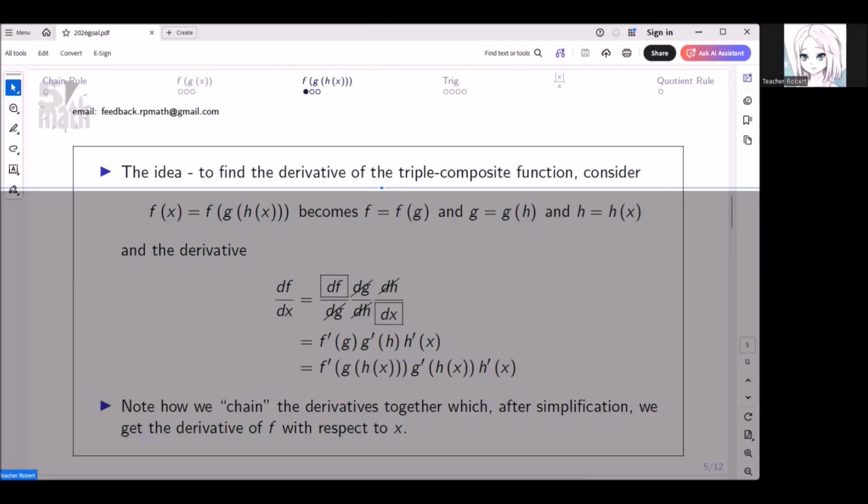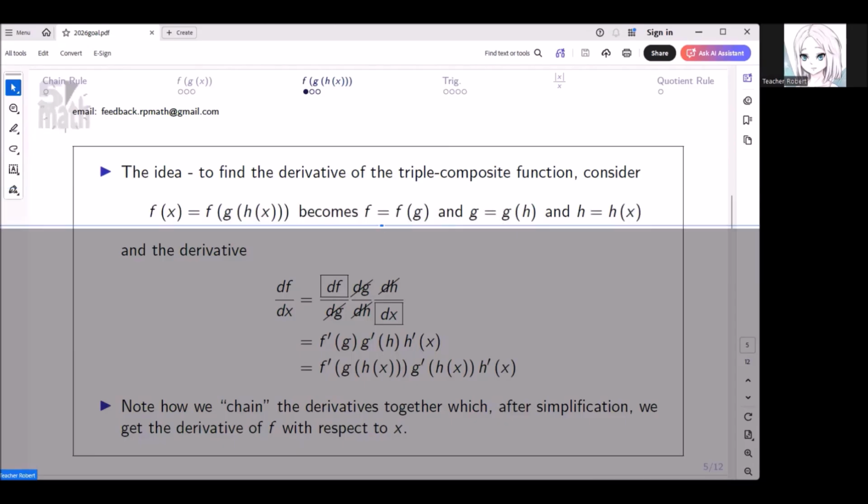The idea: to find the derivative of the triple composite function, consider f of x equals f of g of h of x, which becomes f equals f of g, and g equals g of h, and h equals h of x.